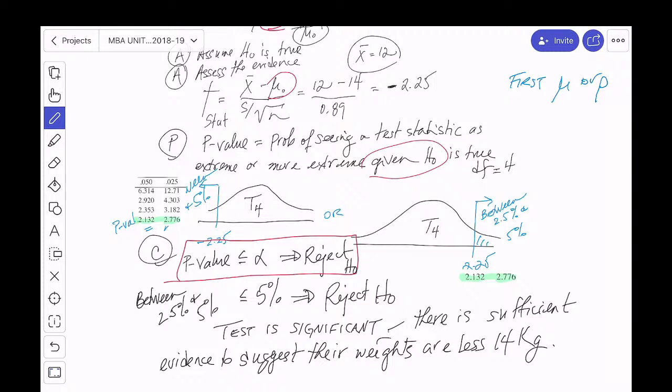Second, if mu, is sigma known? Those are the questions you ask yourself, and then you know what to do.